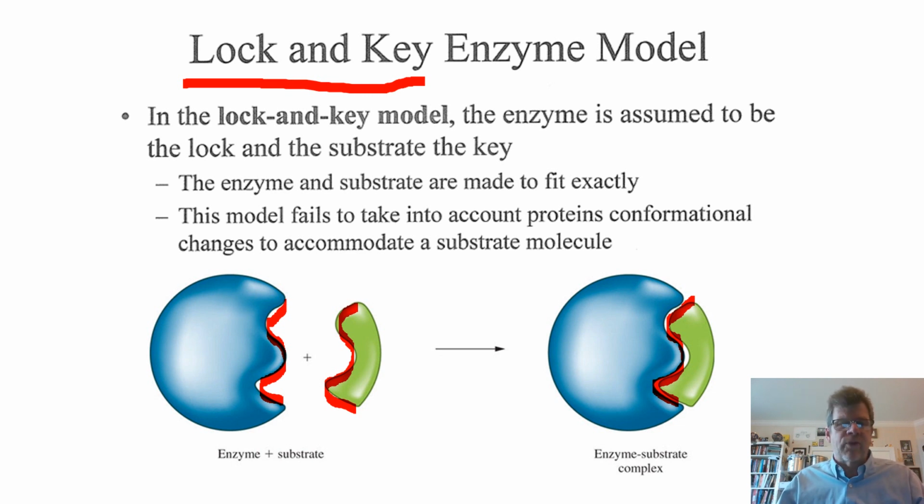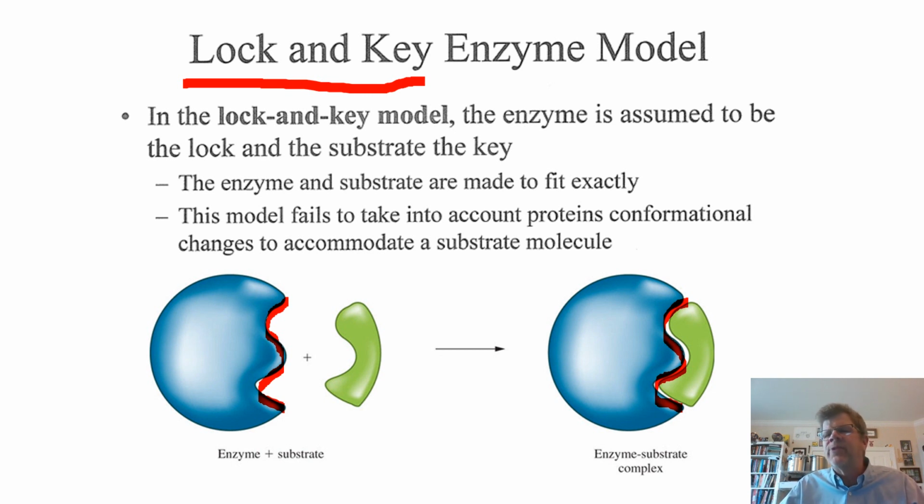Now, this model worked very well for many years. It worked for enzyme kinetics, for explaining how well a particular substrate bound to an enzyme. But with the advance of technology, different instrumentation, typically through X-ray crystallography, we were actually able to gain a comparison between the topography of the active site in the unbound enzyme and the topography of the active site in the bound enzyme, and those were found to be slightly different.